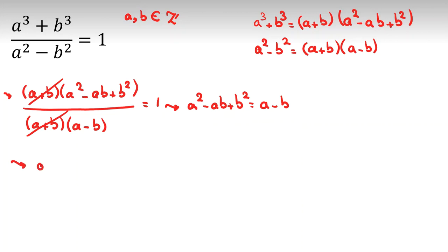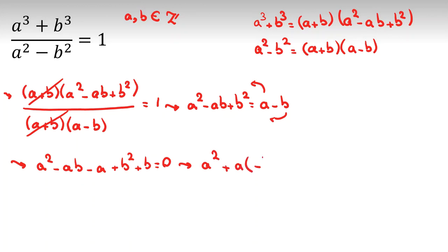So we can conclude a squared minus ab minus a, because of this, plus b squared plus b, because of this. So it will be a squared minus (b plus 1) a plus b squared plus b equal to 0.